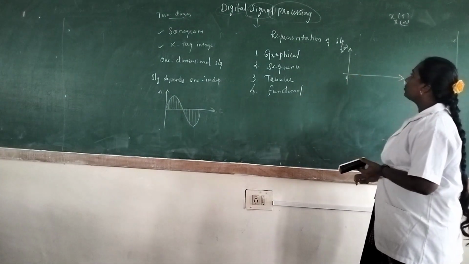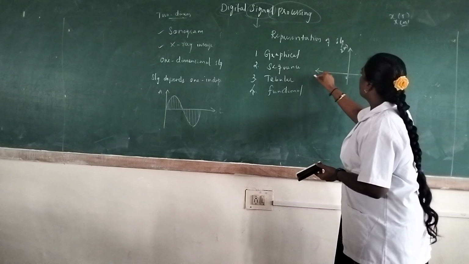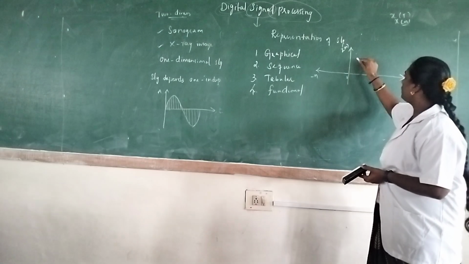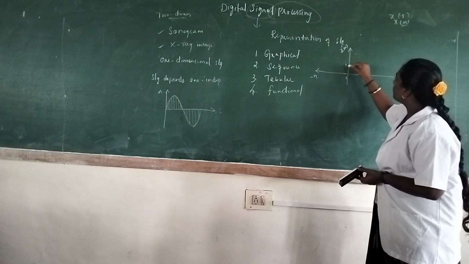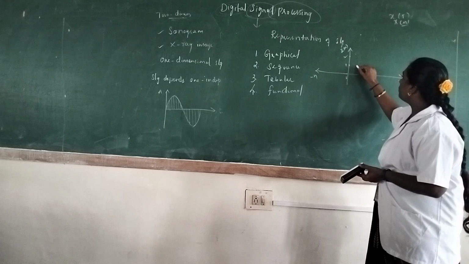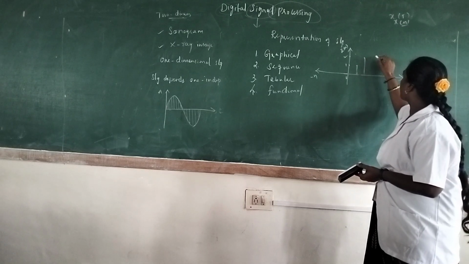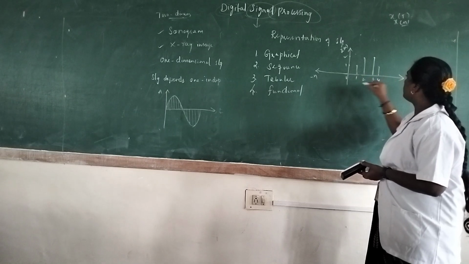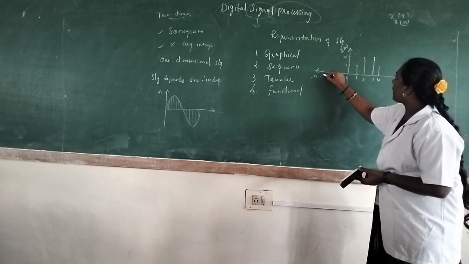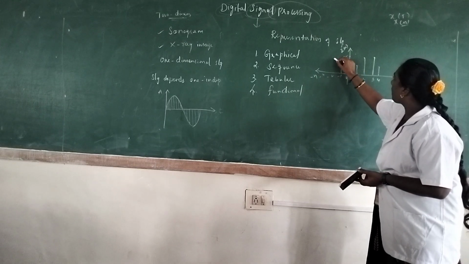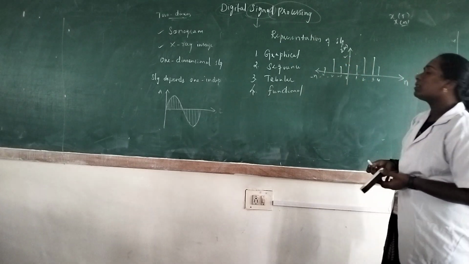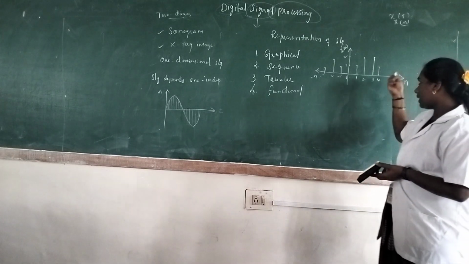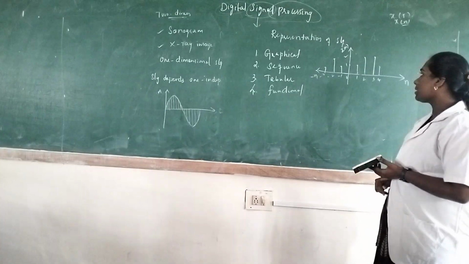So, from this I am going to represent the signal, so it can be minus n. This is the representation of a signal in graphical manner. So this is 1 and 2. And then, the same signal can be represented in a sequence.